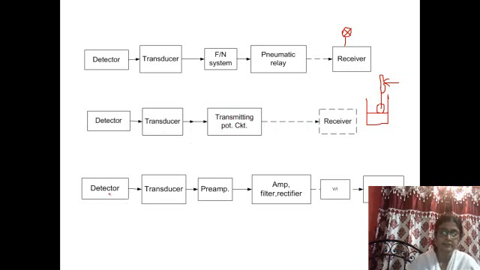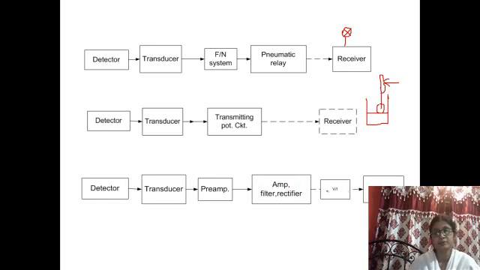And for an electronic type transmitter, that is one stage advancement over the electrical type transmitter. The signal is again an electrical signal, but there is a pre-amplifier and then an amplifier or filter rectifier circuit, whatever is needed, and all these are voltage devices.